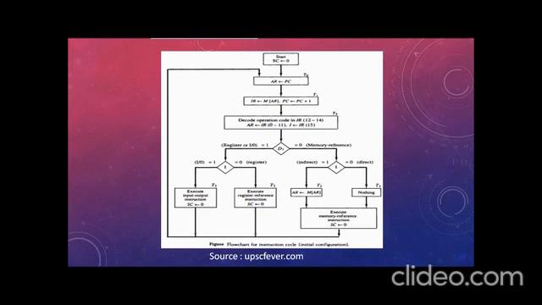Else, if the value of D7 is equal to 1 and I is equal to 1, then the instruction type is input-output instruction. Else, if the value of D7 is equal to 0, then the type of instruction is memory reference type. The decode cycle ends after deciding the type of instruction.